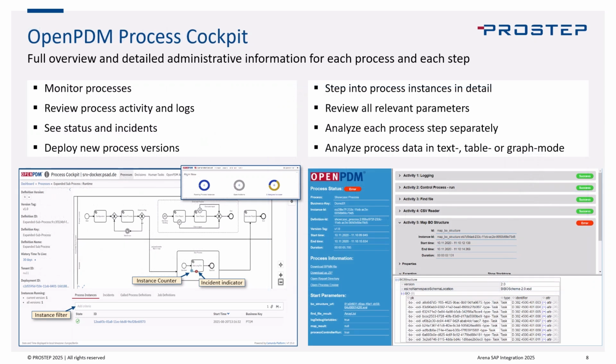So with those processes created within the process modeler, you can deploy them to the process server and see them within the OpenPDM process cockpit. This gives you an administrative overview, like you saw within the demonstration, of what's going on with any of the individual processes, detailed results, mapping.